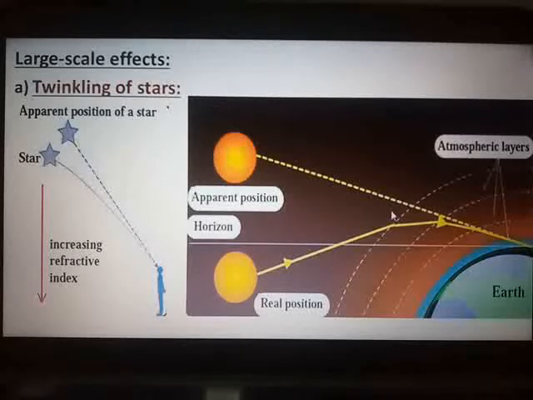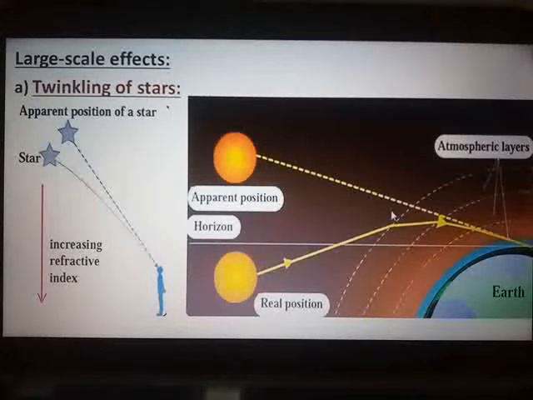About the stars, you know that stars are self-luminous, they have their own light and they are seen in the sky during the night in the absence of sunlight. They appear to be point sources because they are at a very large distance from the observer, that is from us, and as the density of air increases with the lowering height above the surface of the earth, the refractive index also starts increasing.